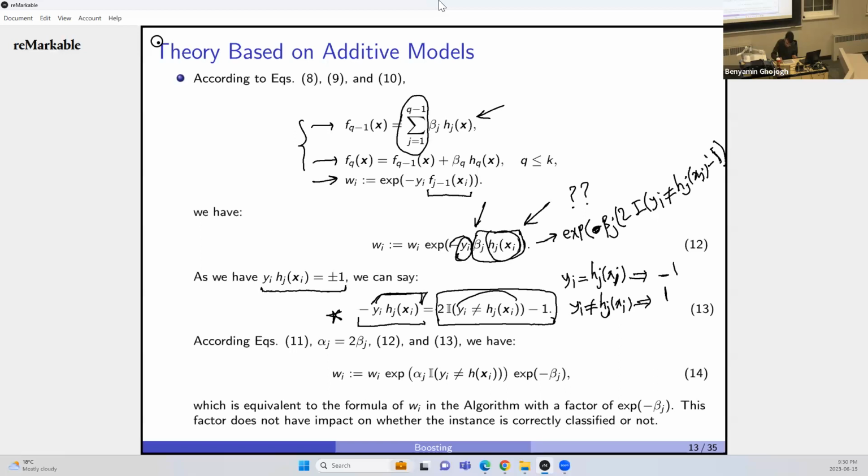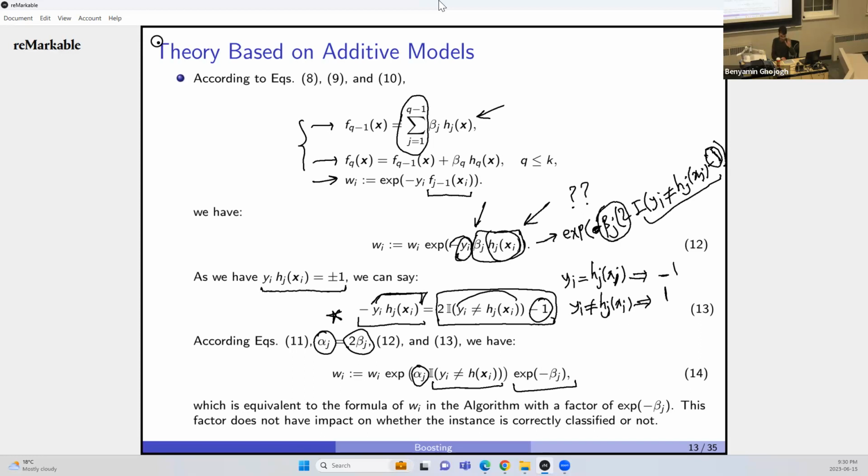Did you get what I did? However, I know 2 beta_j is also alpha_j. Therefore, I replace 2 beta_j with alpha_j. And this is the rest. Note that I also have minus 1 here times beta_j, so I will have e to the minus beta_j.